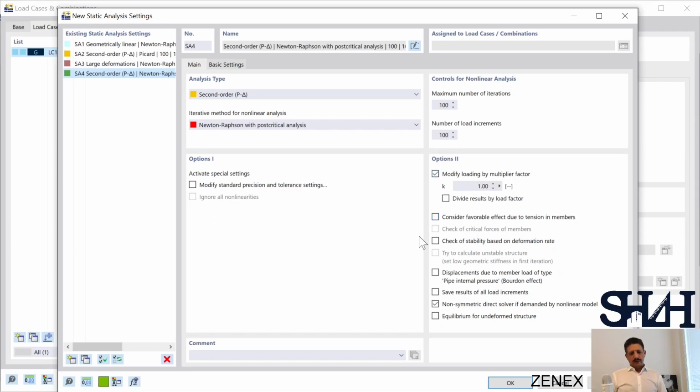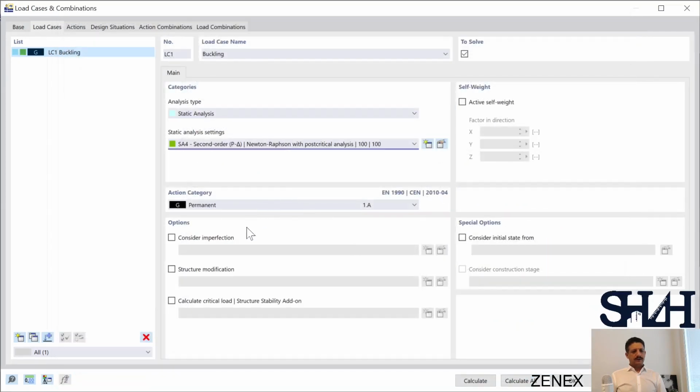You can neglect favorable effect, we do not have it. Check stability based on deformation rate. So it means that it checks if the stability needs to be considered and saves all the results. This is the setting for this calculation.